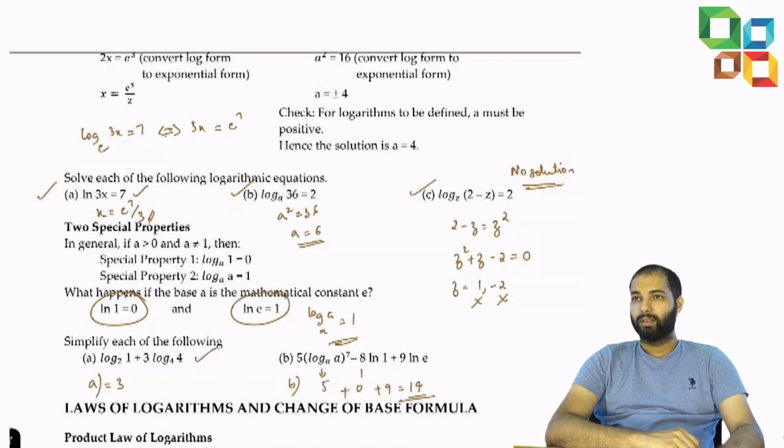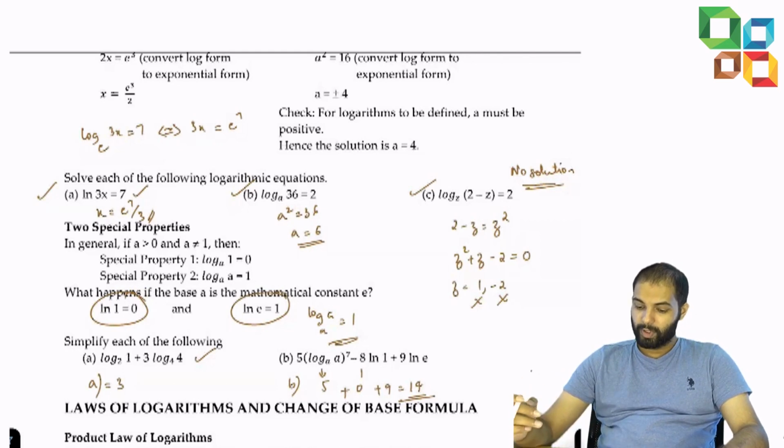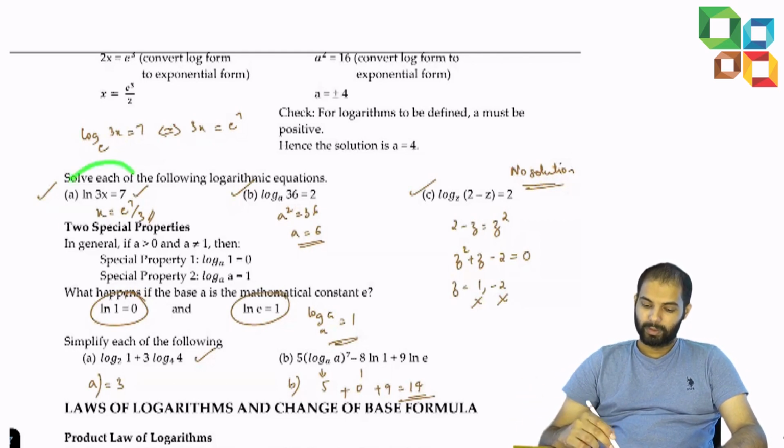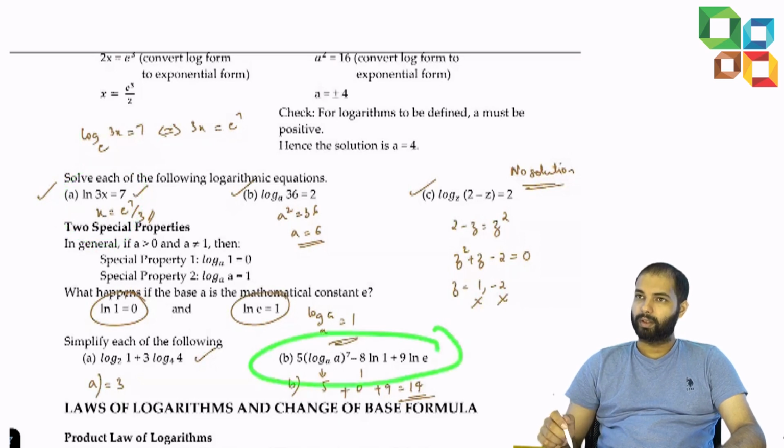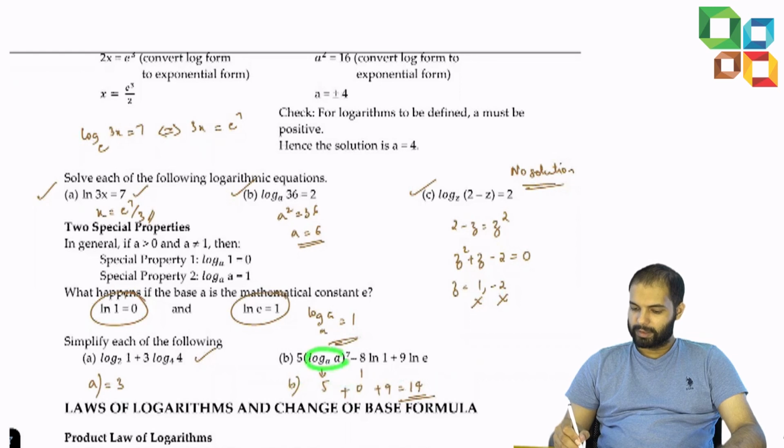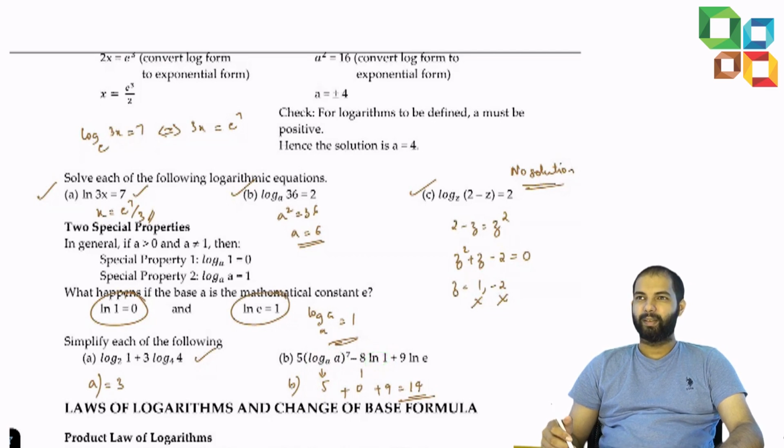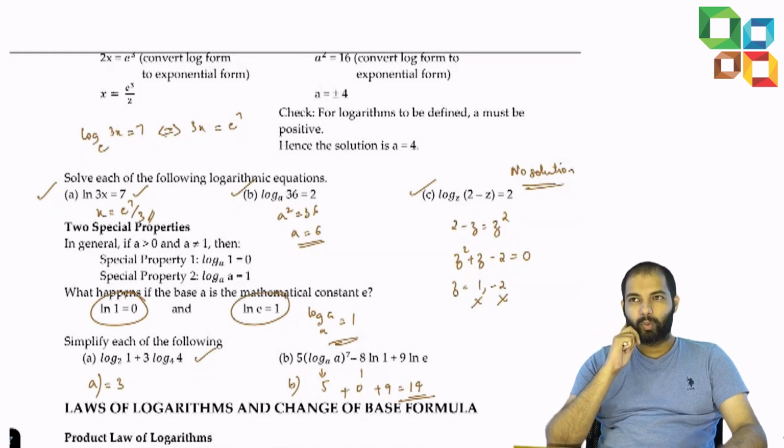The last two questions, could you repeat again? Like how to get the solution? The last ones. Okay. What is this? Log a base a is 1. So this is 5. Is it fine? What is log 1 base a?